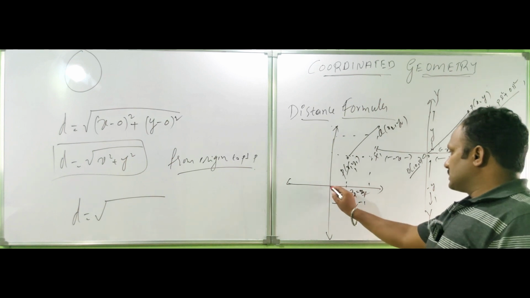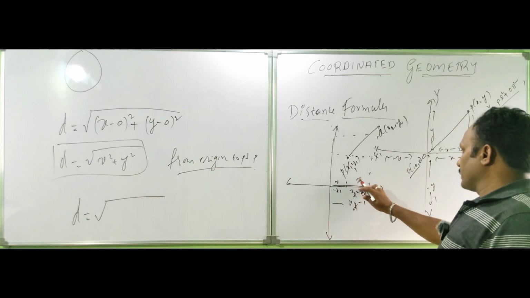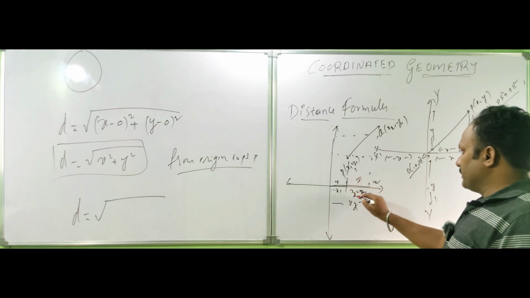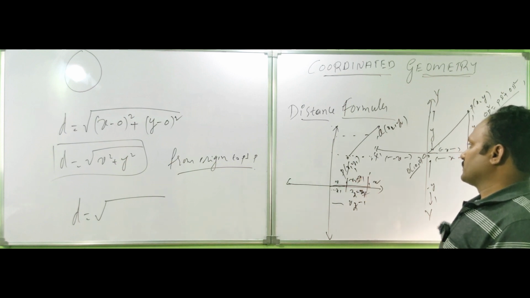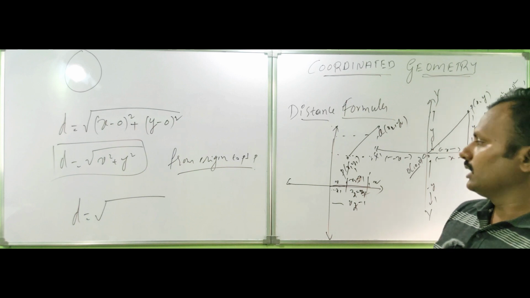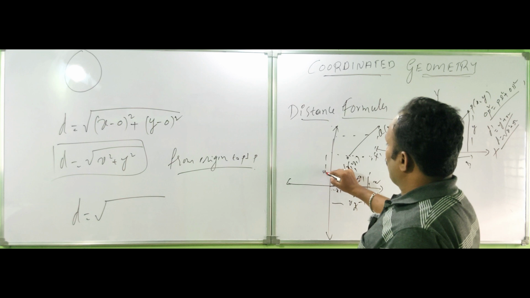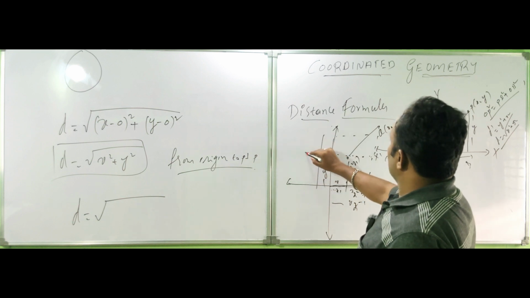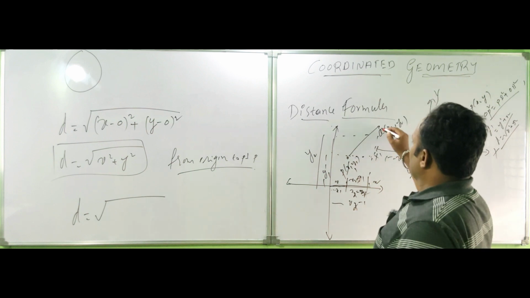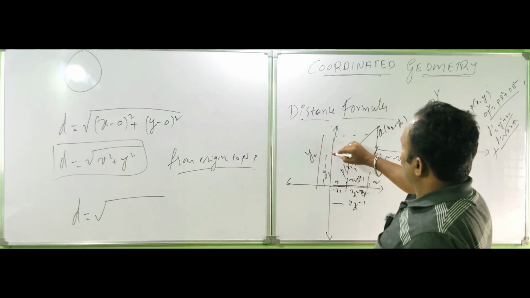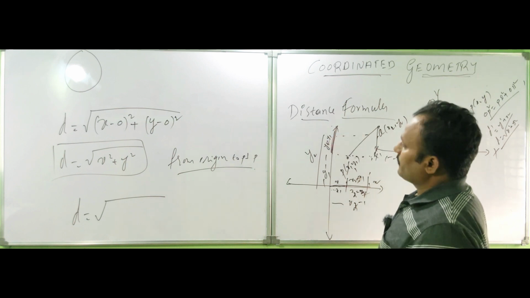We take the larger value minus the smaller. Similarly, this is y1 and this is y2, so this distance becomes y2 minus y1.